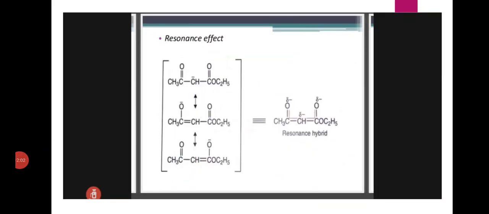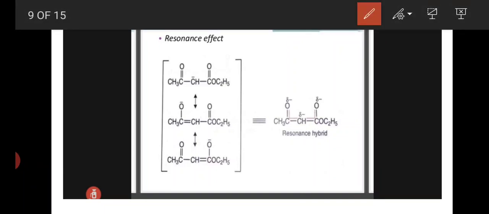Next is the resonance effect. This is the ethyl acetoacetate carbanion. When ethyl acetoacetate loses hydrogen, a carbanion is formed. That carbanion is more stable because it participates in resonance. What is resonance here?